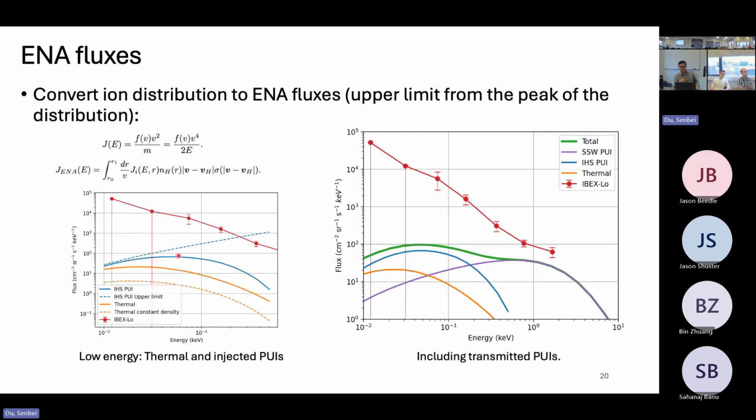So this means that you can try to tweak the distribution, but it's probably not going to go past this limit. And so we see that even this upper limit is lower than the observed flux at these lower energies. So this means that there's still a big challenge in explaining what's going on at these lower energies.